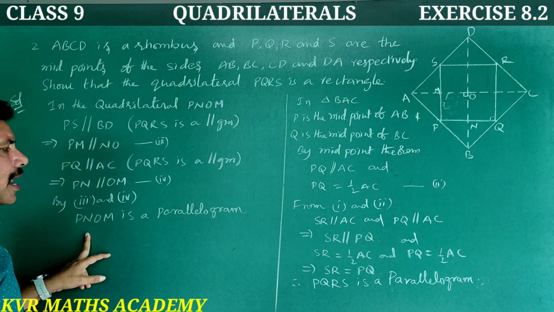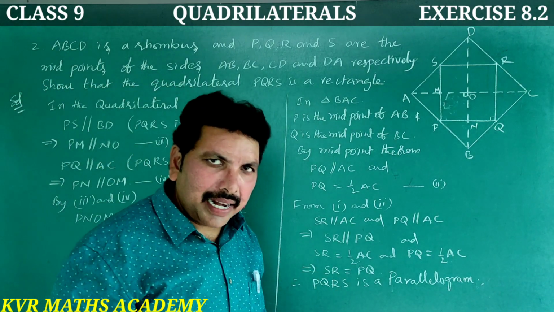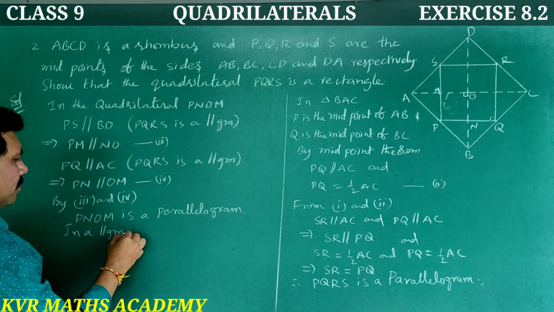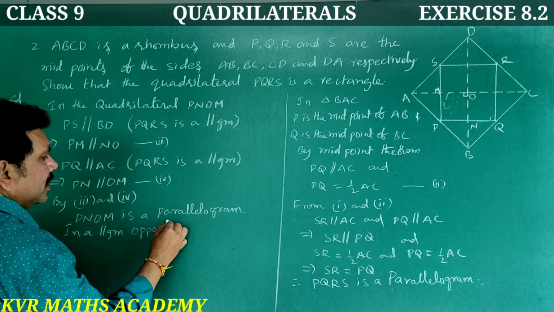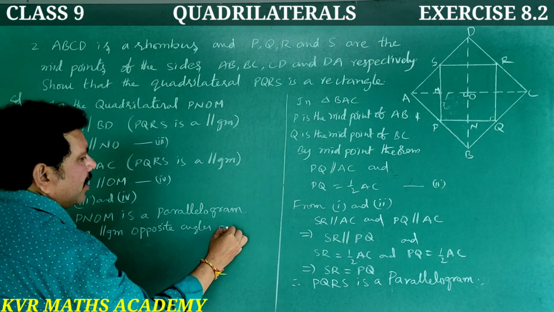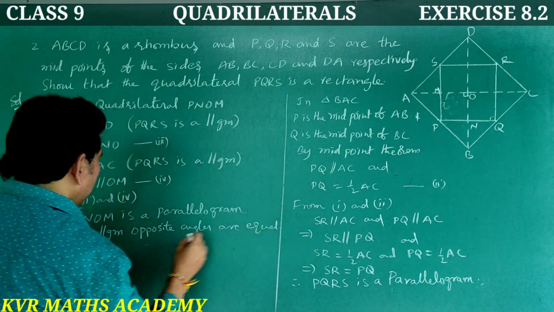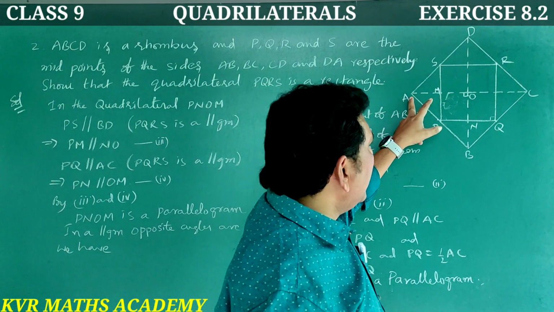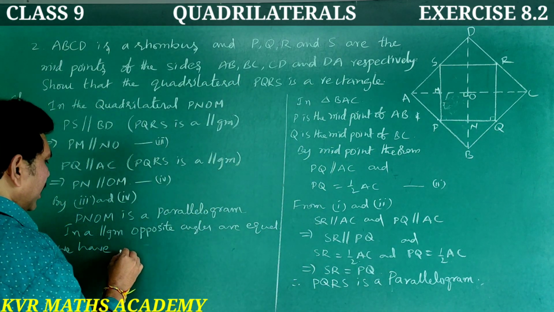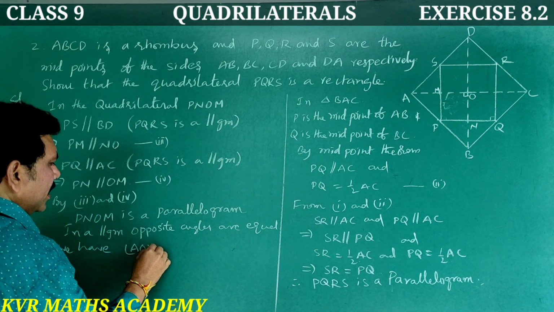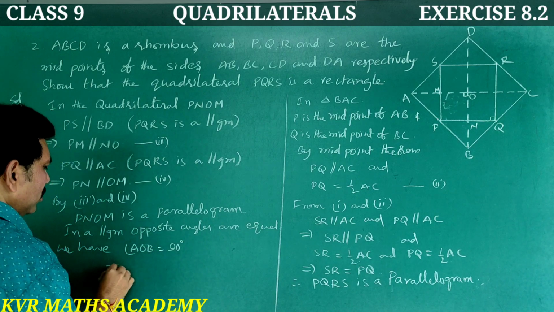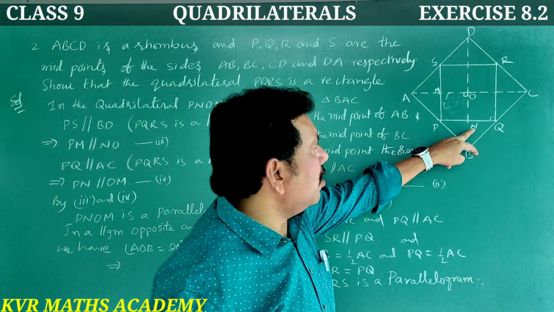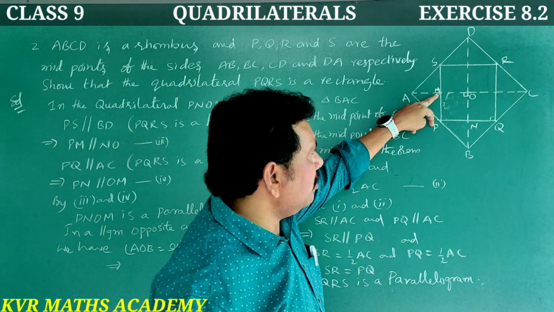right? In a parallelogram opposite angles are equal. We have angle AOB is equal to 90 degrees. So that implies angle MPN, or first, we took only this one.